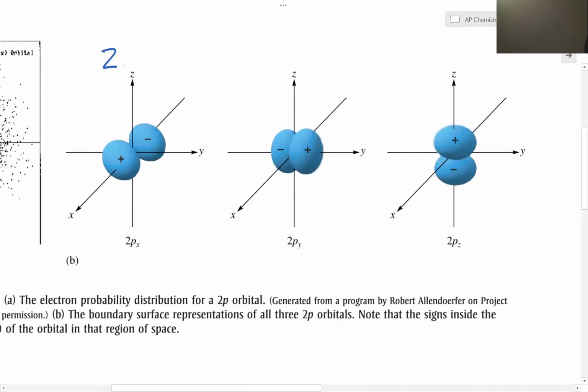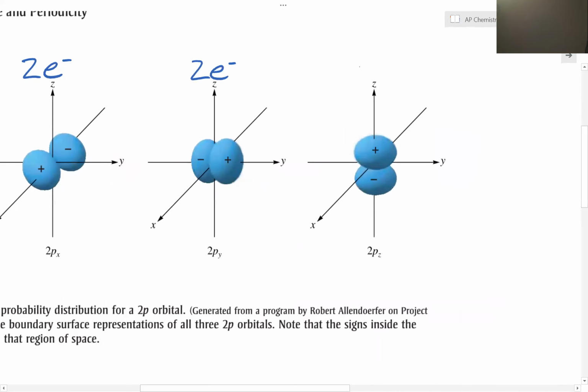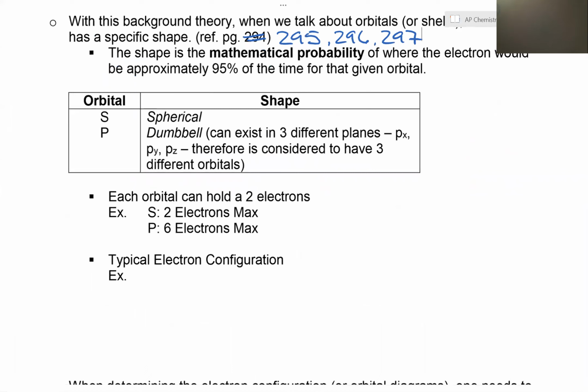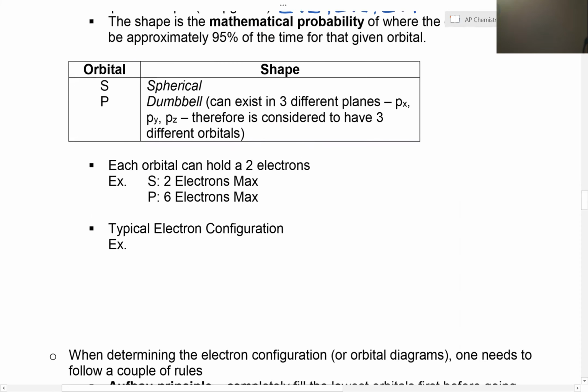So you could have 2 electrons in the x-axis, 2 electrons in the y-axis, and 2 electrons in the z-axis. So this is why the P can hold 6 electrons maximum, okay?